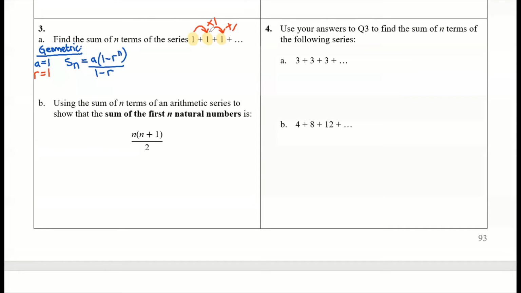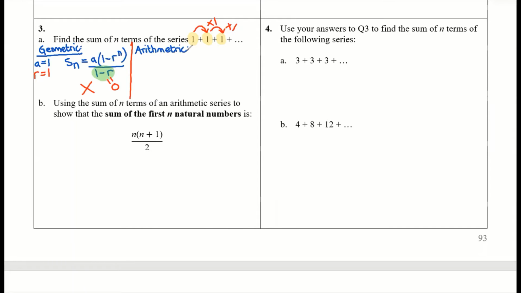If we sub in R into here, and R is 1, we're going to get 0 on the denominator. So we're not allowed to do that. So this cannot be a geometric series. So we've got to consider now the arithmetic option, or way to look at it, I should say.